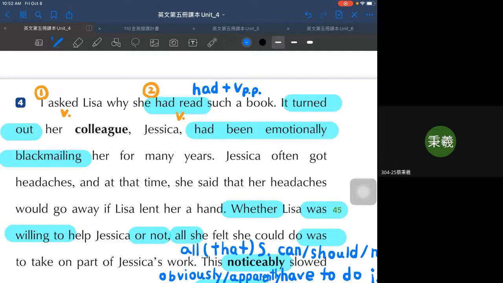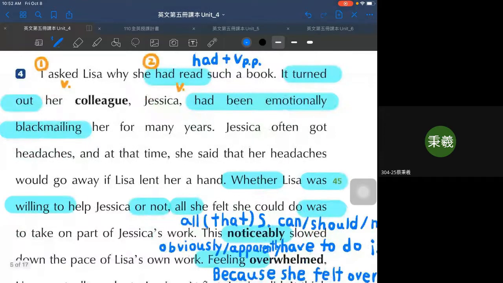So it turned out, so you can note another phrase, turned out, which means the result becomes something. So it turned out her colleague Jessica had been emotionally blackmailing her for many years. And as we know, Jessica often got headaches, and at the time she said her headaches would go away if Lisa lent her a hand.